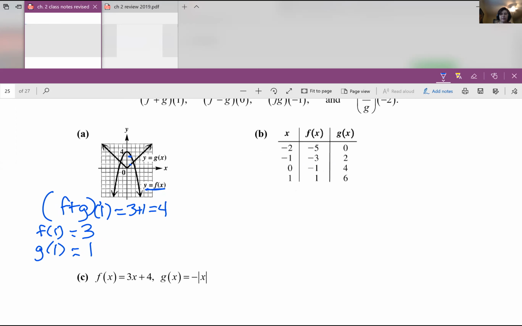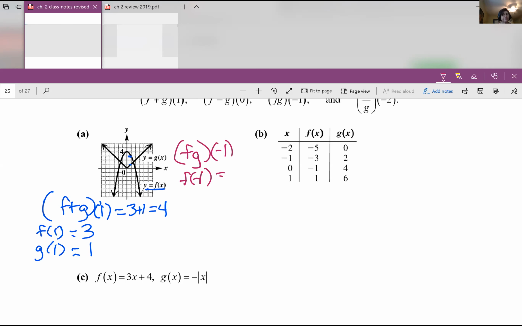Let's try another one because I think the graph is usually what gives most people trouble. It says, let's find f times g of -1. Let's look at the graph here. Can you find f of -1? When x is -1, what's the y value on that parabola? 3.